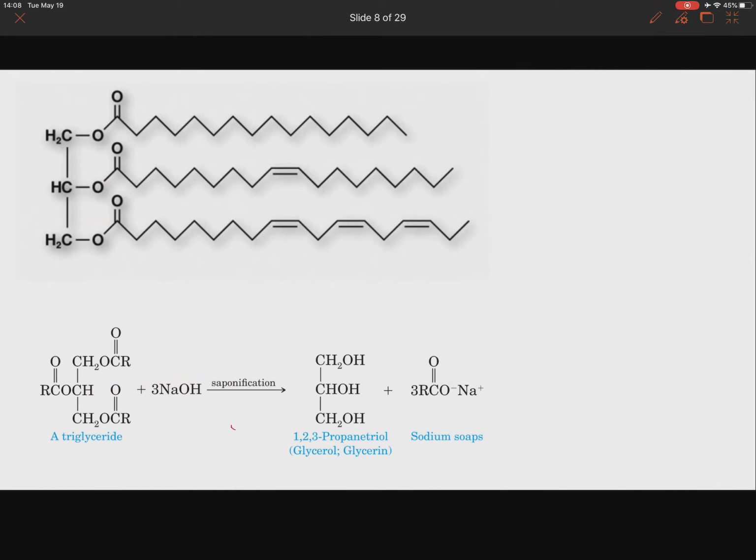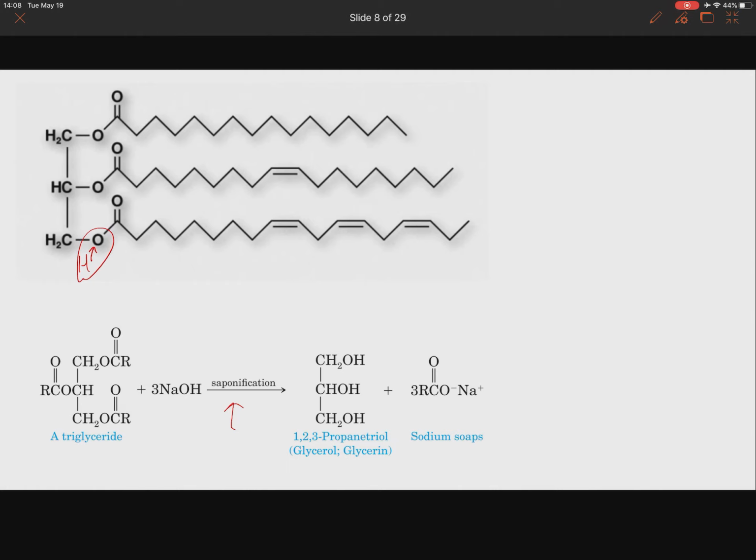So saponification is the technical term for the base hydrolysis of a triglyceride. There's two ways to undo this ester bond: one is an acid-catalyzed reaction, the other is a base-catalyzed reaction. The acid-catalyzed reaction gives us back our fatty acids, because hydrogen ions get added onto the carboxylate ion right here.